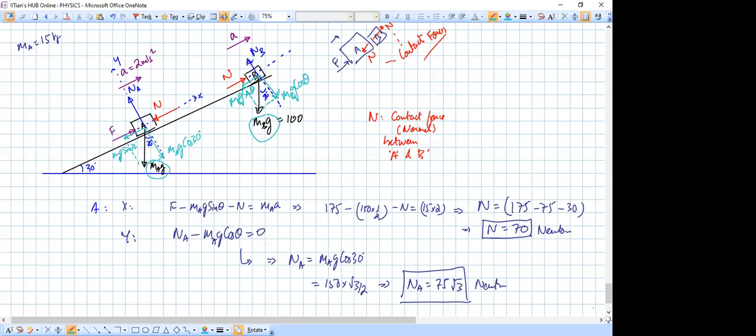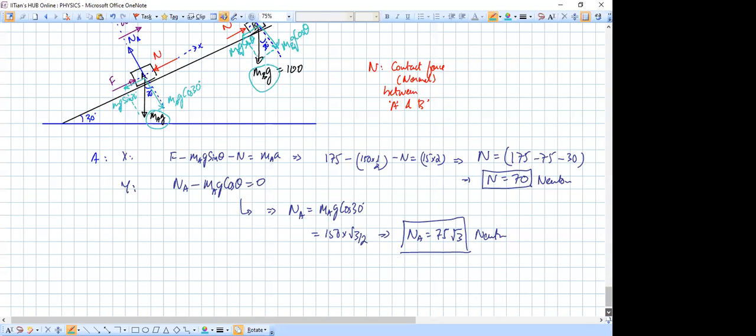Okay, and you have similar equations for B, therefore. Actually the x equation you need not write, because you've already found out the value of N, but it will just show you that you'll get the same thing. You'll get N minus mg sin theta is equal to ma.